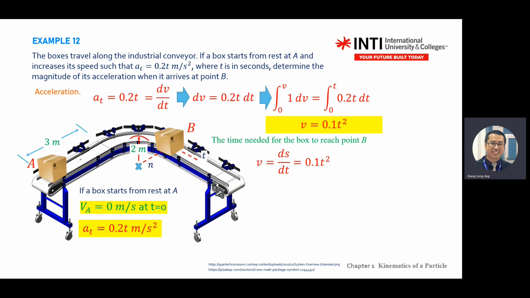s equals 0.1 t squared over 2. Agree? What's your answer?